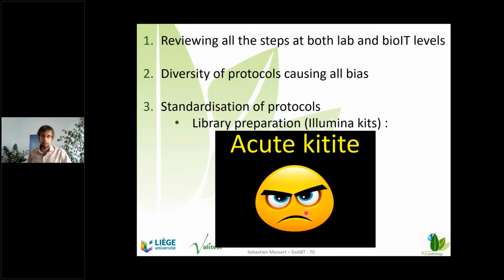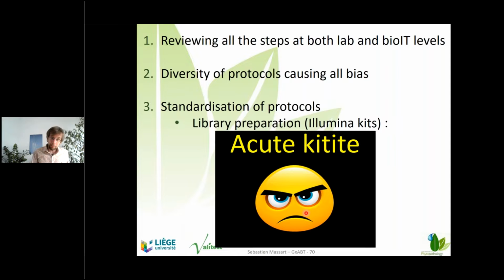That's a disease that we detect in young students. Acute kititis is just following the protocol of a kit without asking yourself any question. You must understand what's in the kit, the steps of the kit, because it can be important if you have trouble and need to troubleshoot these difficulties.